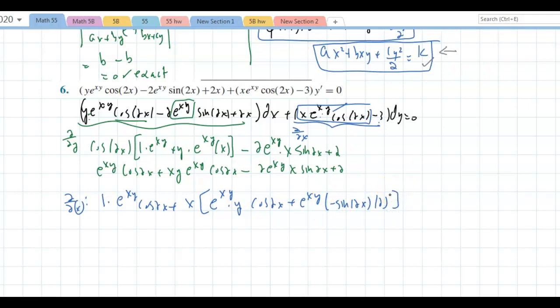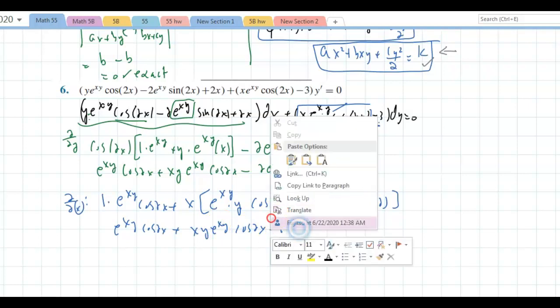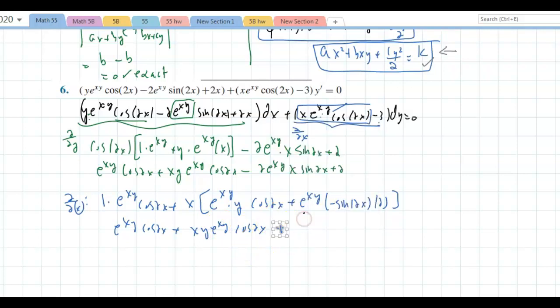And of course, the derivative of negative 3 is 0. So this is e to the xy cosine of 2x plus xy e to the xy cosine of 2x minus x times 2 e to the xy sine of 2x, and as you see, they check identically.